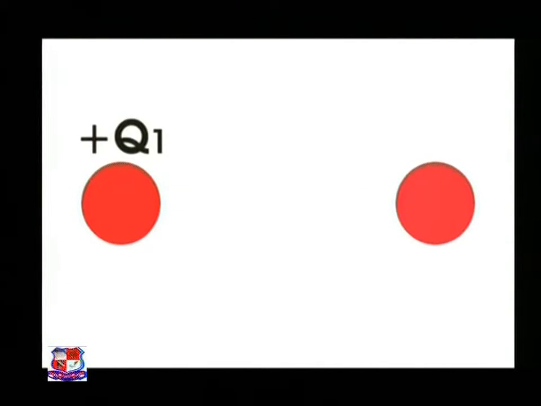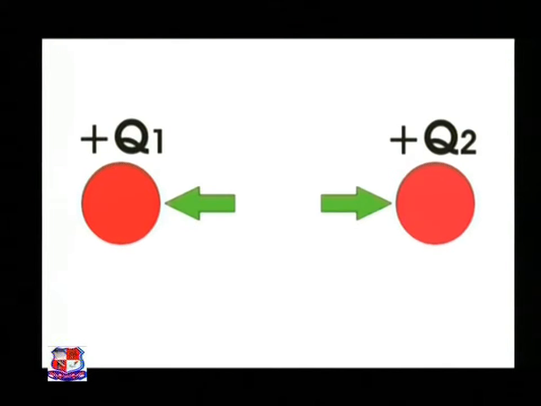Suppose one body is positively charged with plus Q1 and the other body is negatively charged with minus Q2. The force acting between them is attractive. Again, one body is positively charged with plus Q1 and the other body is positively charged with plus Q2. The force acting between them is repulsive.